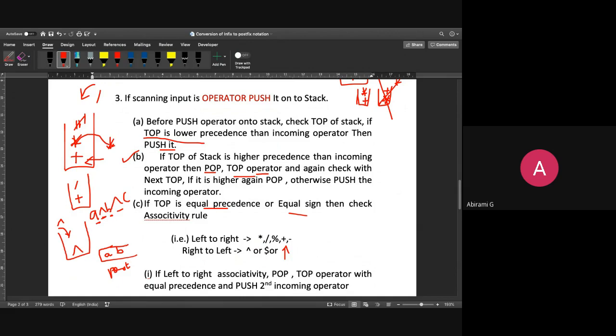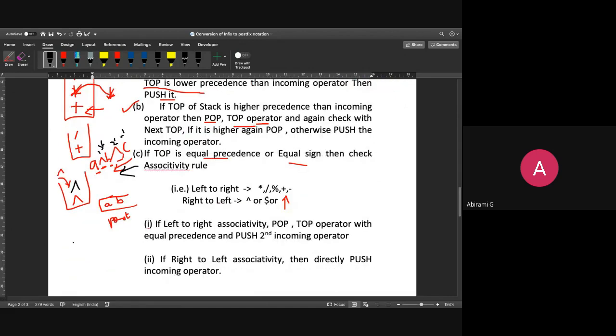Right to left means we have to check from here, from right to left. So the second exponent has the higher precedence. This is the first exponent operator. This one, the second exponent operator, has the higher precedence. So the exponent operator is the exception, and we can place both exponent operators in the stack.